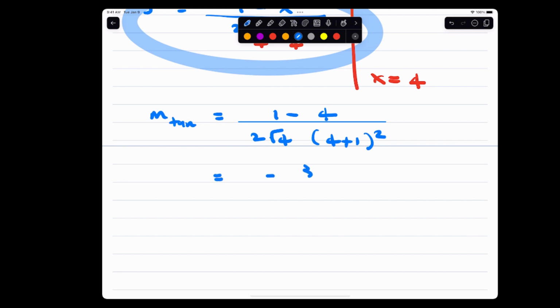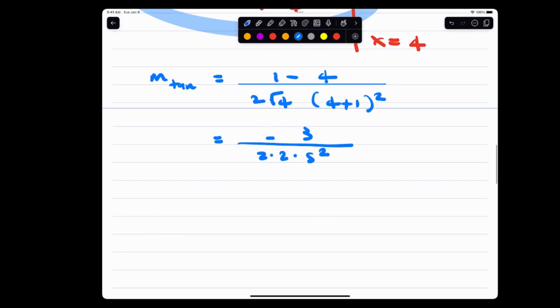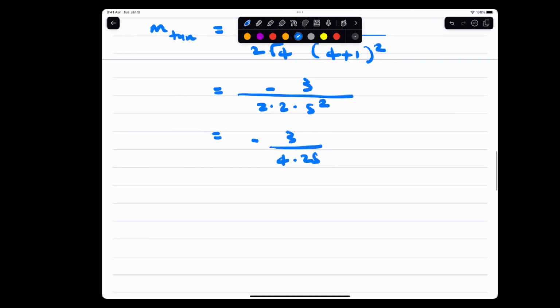That's negative 3 over 2 times 2 times 5 squared, which is negative 3 over 4 times 25, so negative 3 over 100. M tangent is negative 0.03.